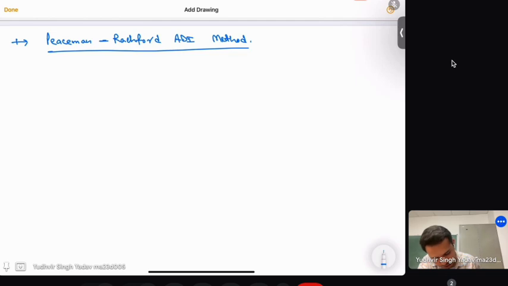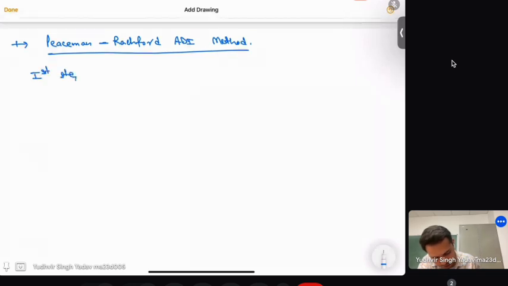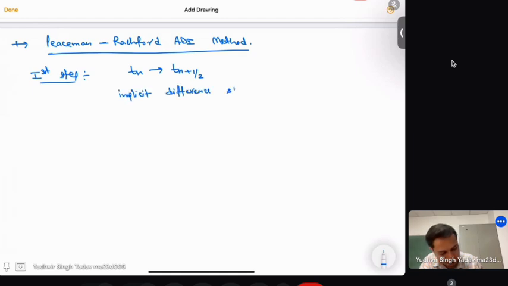In the first step, we advance from Tn to Tn plus half, and implicit differences are used: an implicit difference scheme for Uxx and an explicit difference scheme for the Uyy term.